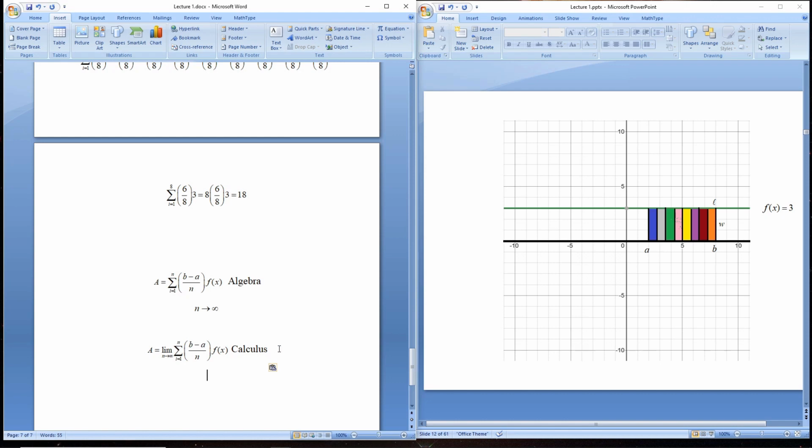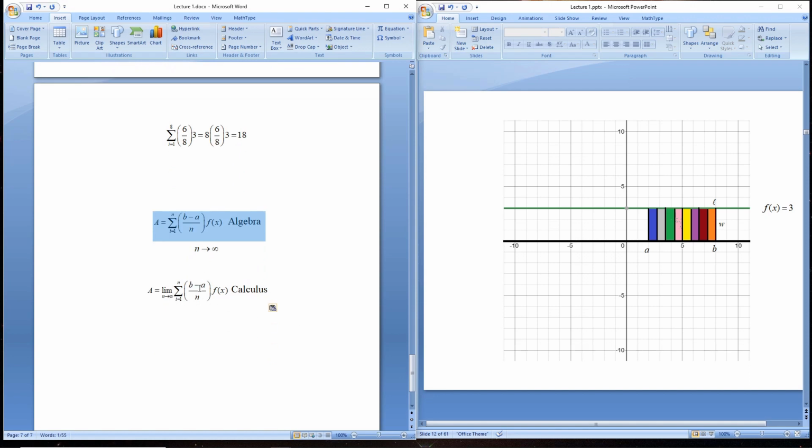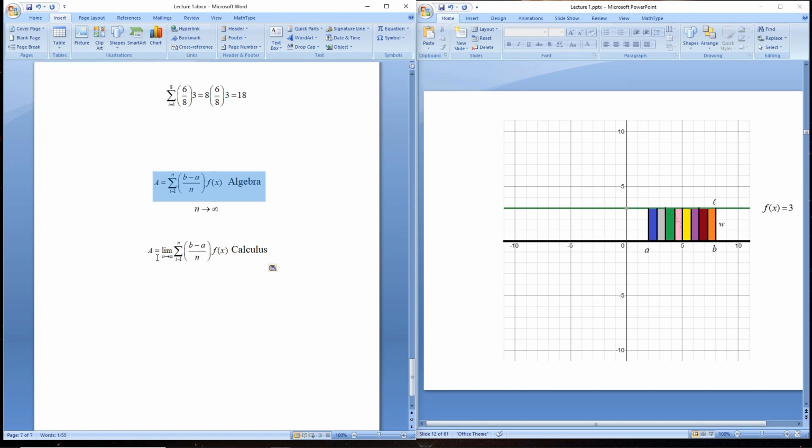And this is our full calculus expression that we will get into next week. We'll be tacking the limit onto this summation and letting n go to infinity to figure out what that is. But for now, we're just going to stick with the algebra expression. But this is where we are going. We're eventually going to tack the limit onto this.